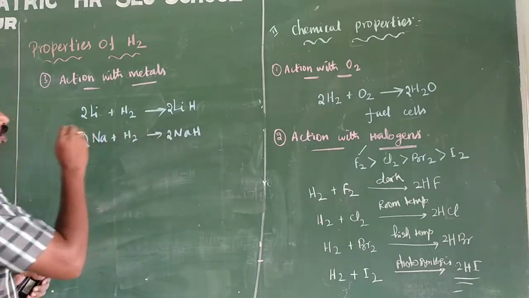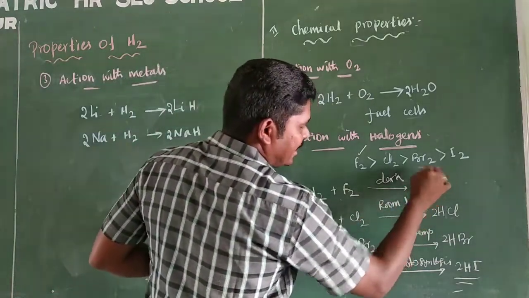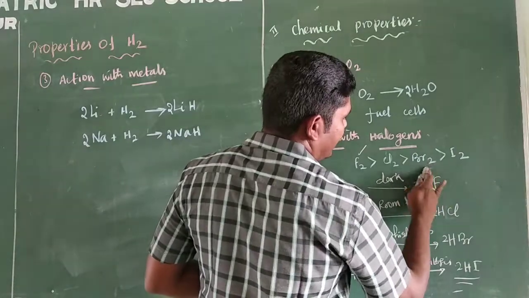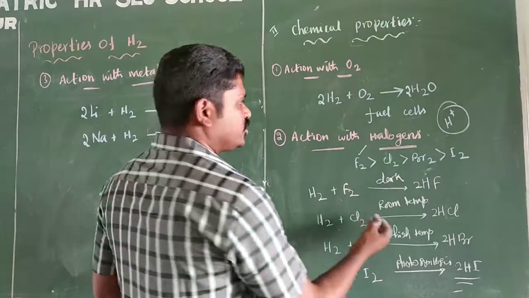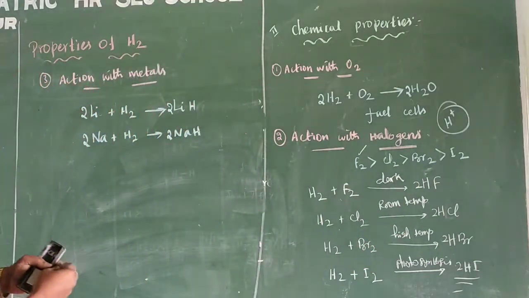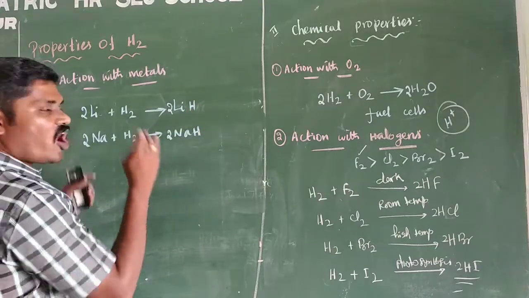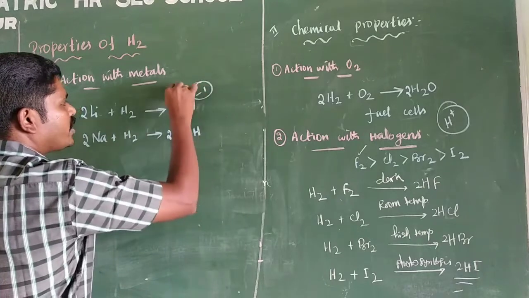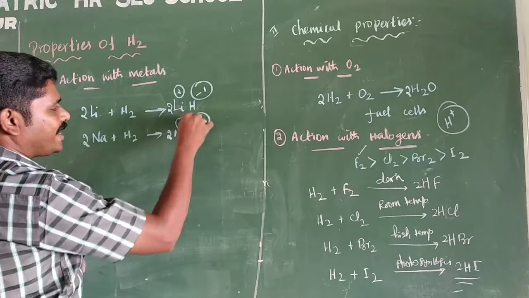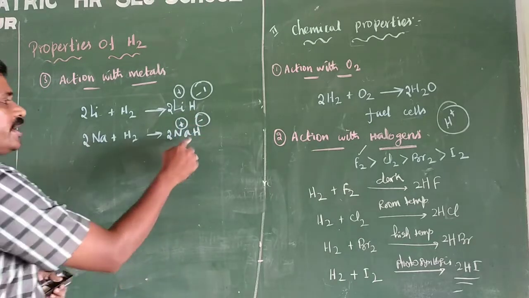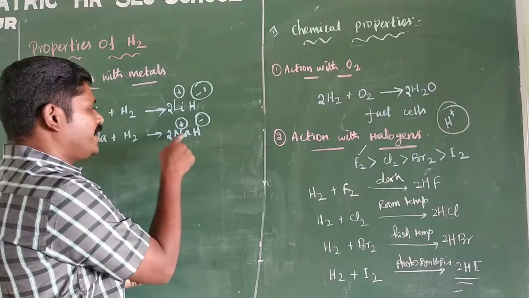In these reactions, the hydrogen is in the -1 oxidation state and the metal is +1, because in metal hydrides, lithium hydride and sodium hydride, hydrogen has a negative oxidation state. So the electronegativity of hydrogen is more than that of the metal.